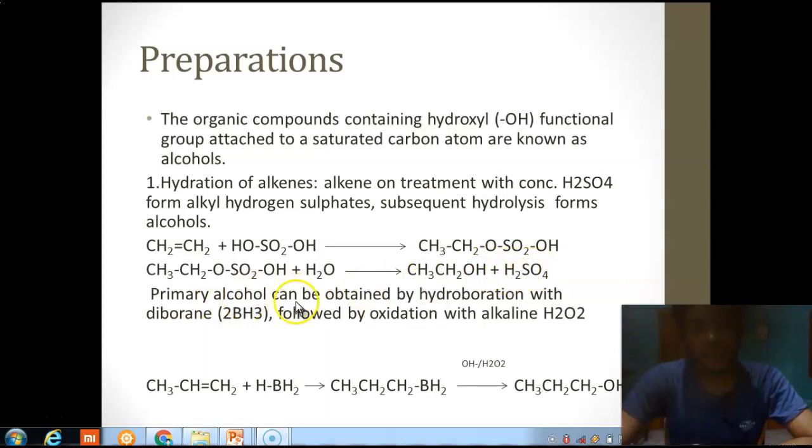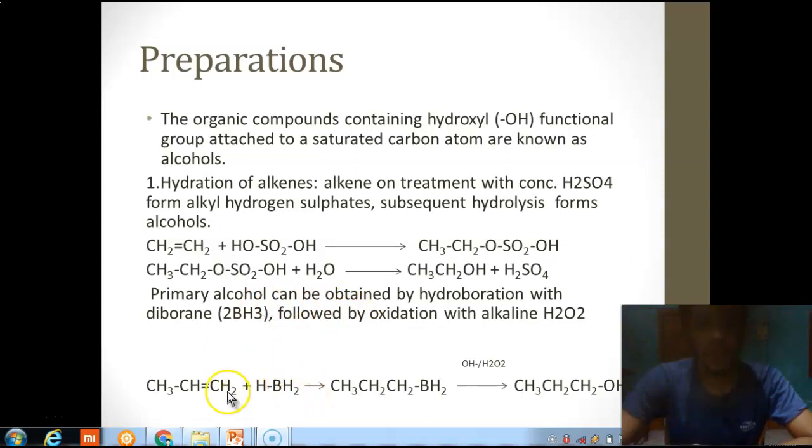Primary alcohol can also be prepared by hydroboration with diborane, BH3 or B2H6, followed by oxidation with alkaline H2O2, that is hydrogen peroxide. So primary alcohol can also be obtained by hydroboration. This one is borane.